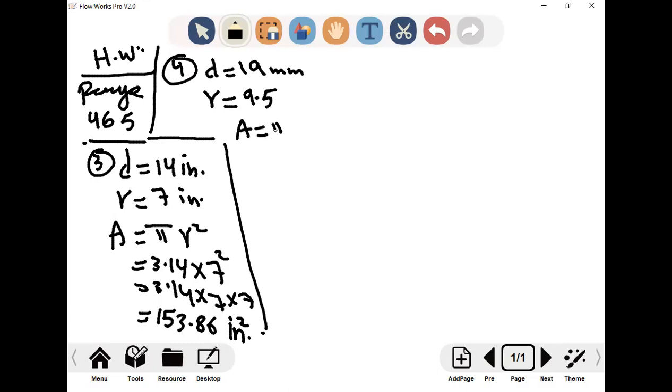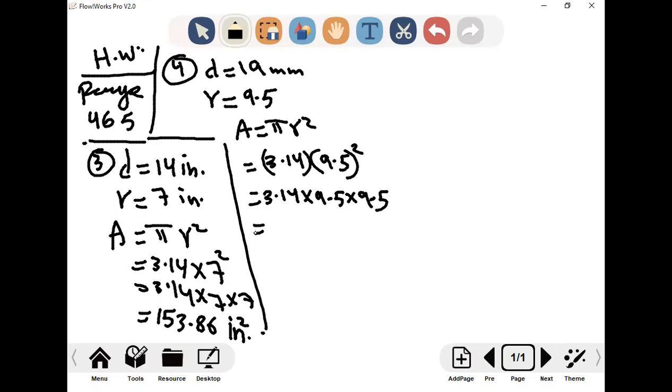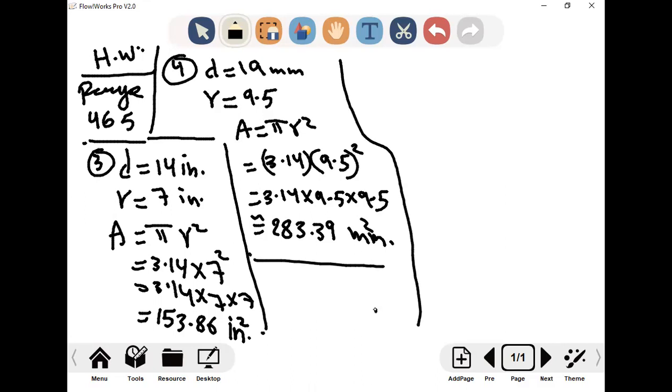So the area is pi r power 2, which means 3.14 multiply 9.5 power 2. 3.14 times 9.5 times 9.5 will be 283.39, rounded to the nearest hundredth, square millimeters. This is question 4.